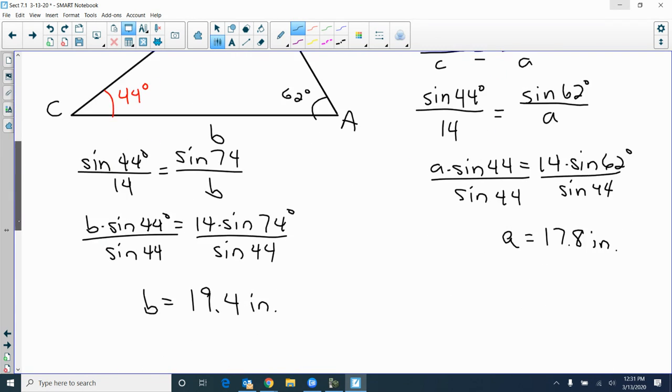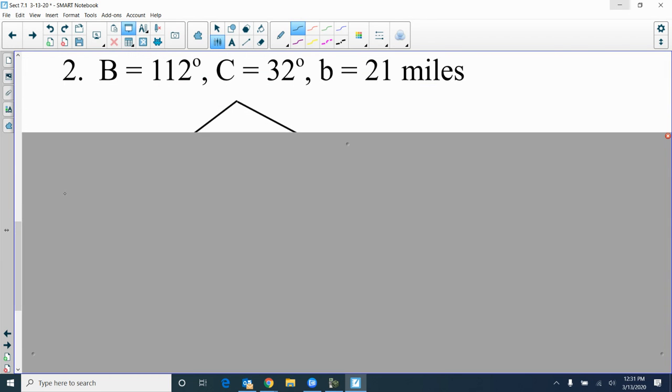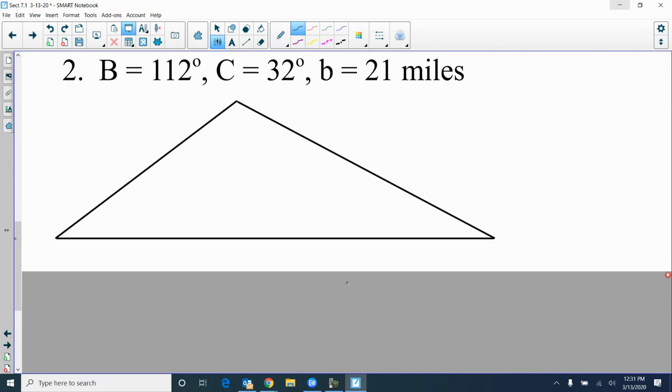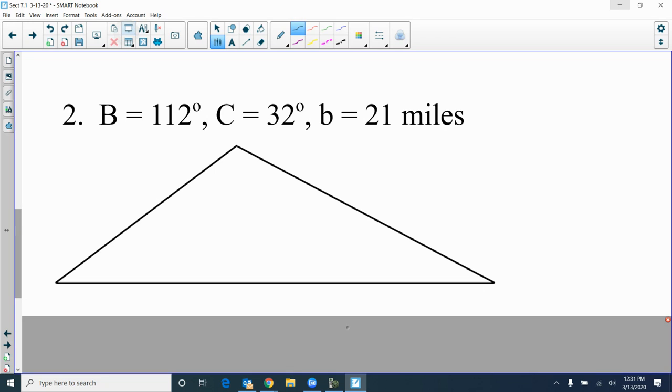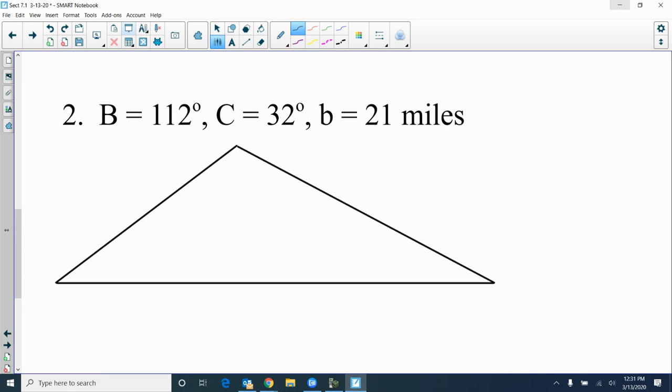Number 2, on your sheet, fill in those values. And then I have a figure drawn, and so you want to make it somewhat accurate.